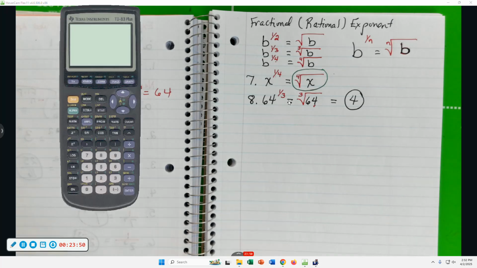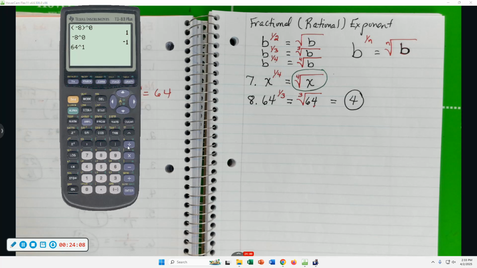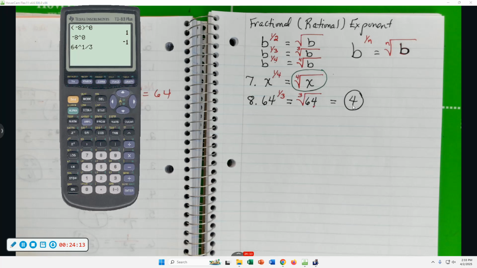Oh, you opened up that calculator. I wanted to show how to punch this into your calculator. Okay. If you went 64 raised to that 1/3, if I go 1 over 3, is that going to give me the answer 4?